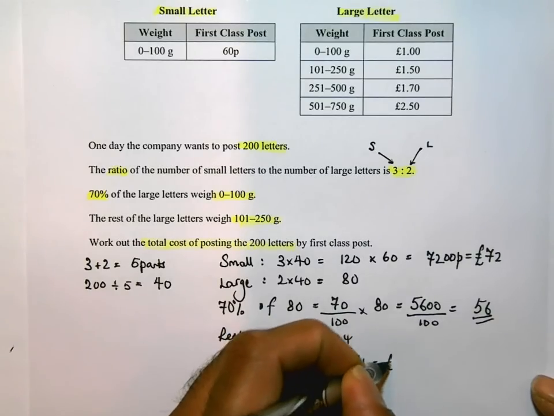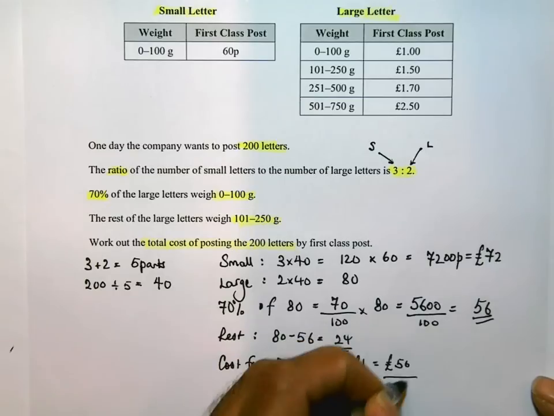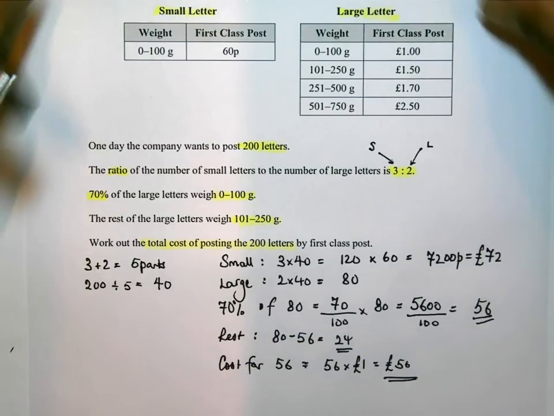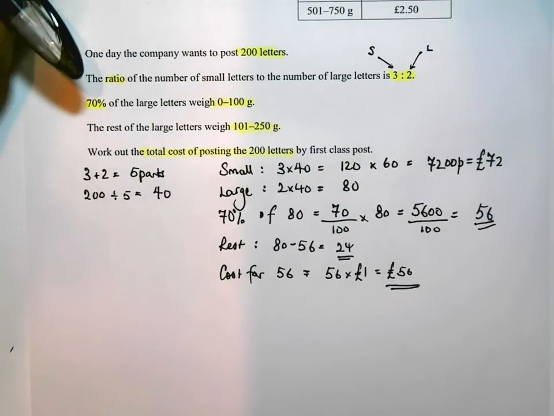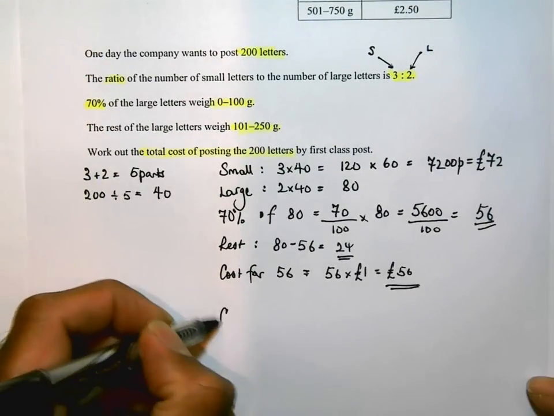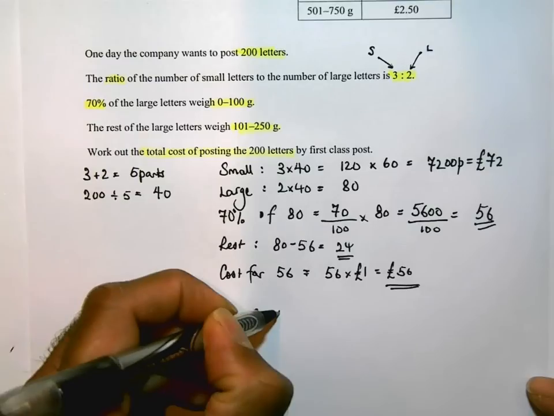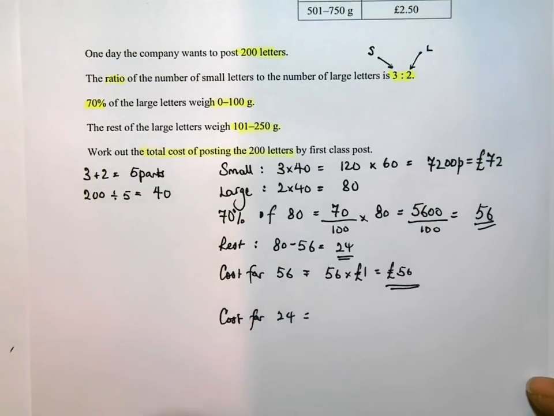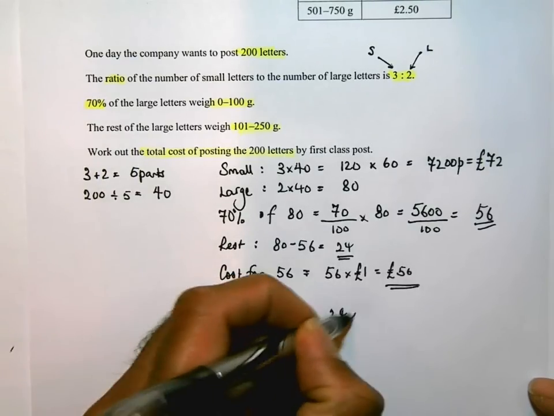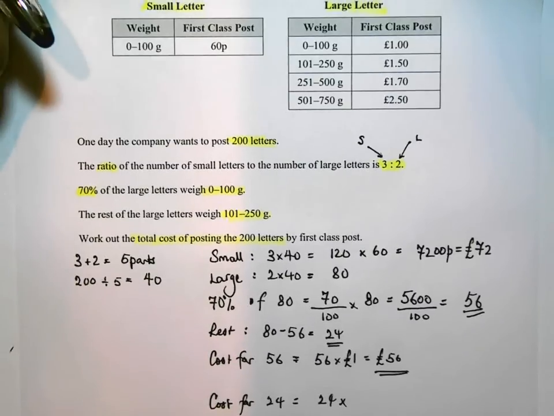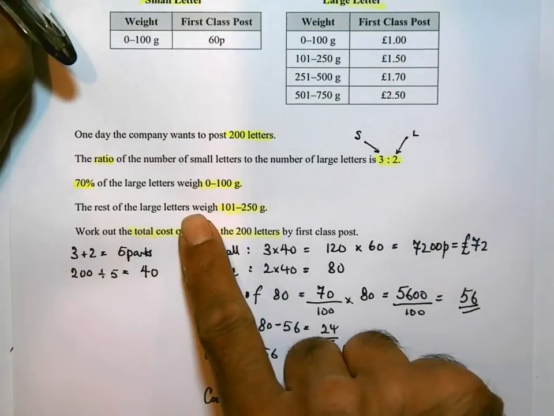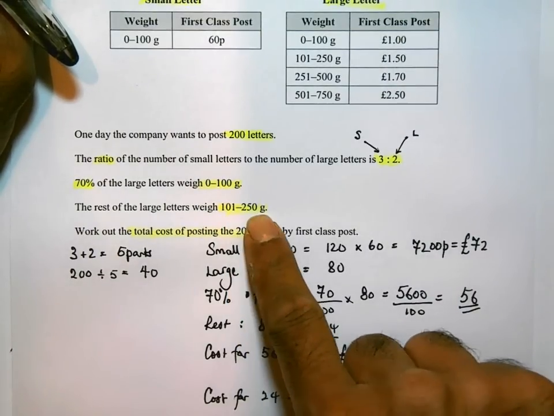The rest, if I move this up a bit more, 24 others, so the cost for the 24 is going to be 24 times, and let's work out what they cost. So if I go back to my table, the rest are 101 to 250 grams, and they're £1.50 each.